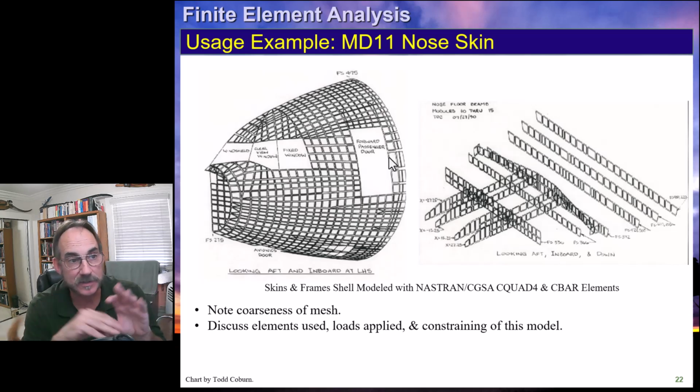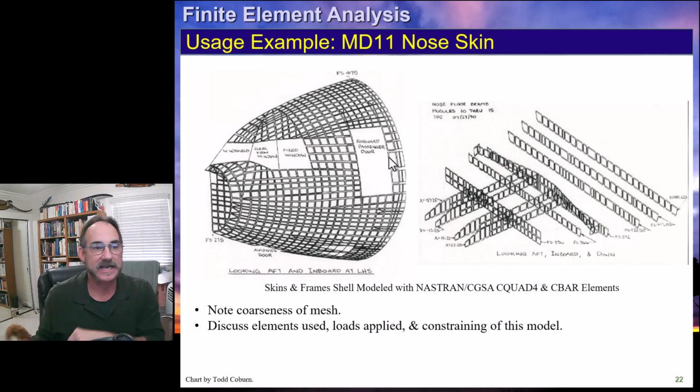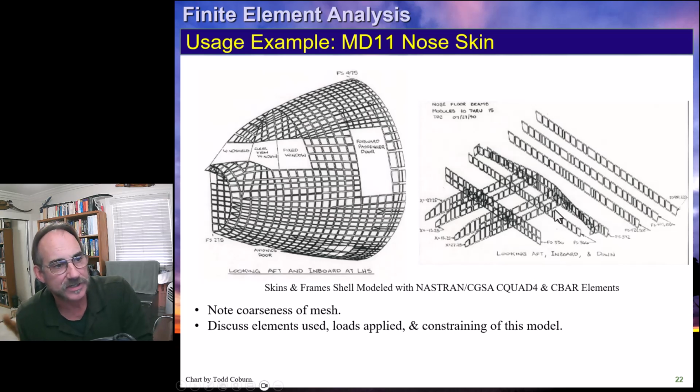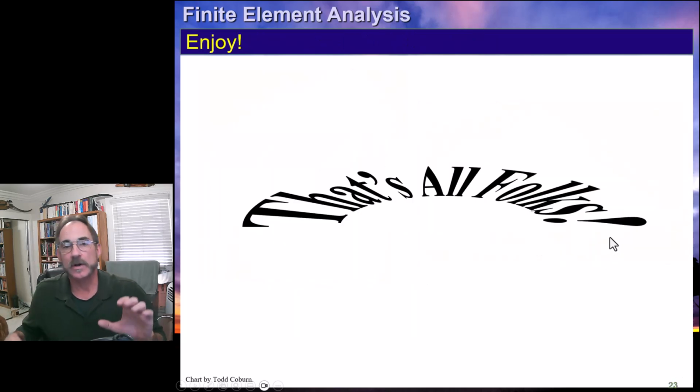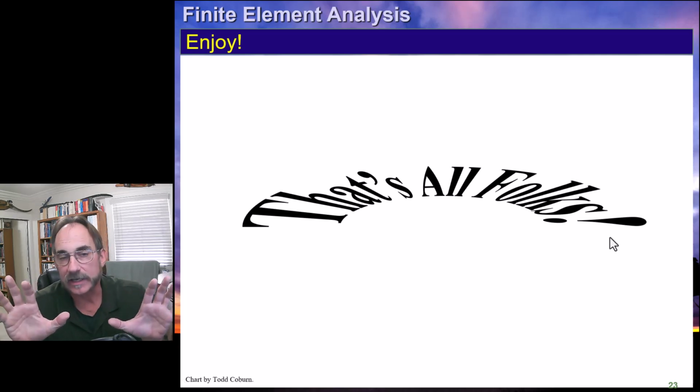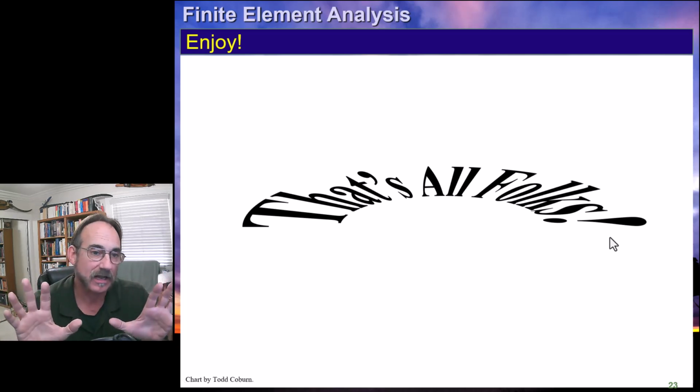I'd actually done this with CASD as well, but this is a NASTRAN model where we're using quad elements for the fuselage skin and shear elements for those floor panels. So that is a quick look at how to model with C-shear elements.